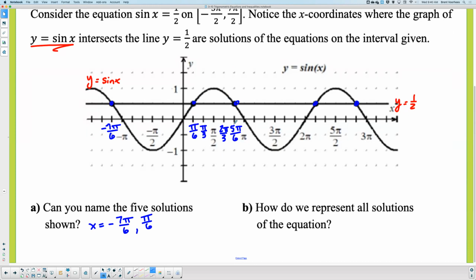What about this one? 5 pi over 6. We already have that. Okay, now let's jump ahead. If this is 5 pi over 6, we have 6, 7, 8, 9, 10, 11, 12, 13. Does 13 pi over 6 reduce? No, it does not. So it's 13 pi over 6. And now finally, 14, 15, 16, 17 pi over 6.